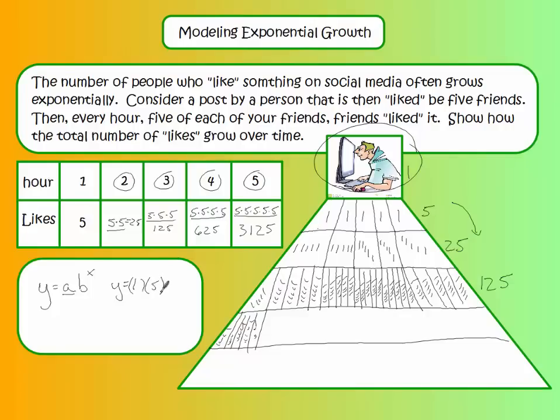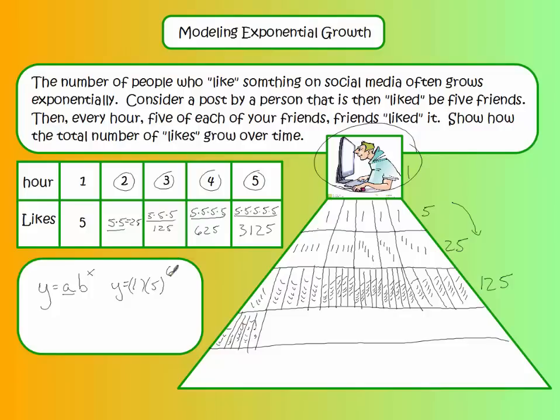Now I need to find the exponent. So the exponent is going to be the amount of time that I need to be doing this for. So I want to find out how much it grows, say, over 6 hours. I would need to put the exponent here, the x, to be 6. So in 6 hours, I'd be able to figure out that it was 1 times 5 to the 6th power, or just 5 to the 6th power first I would have to do.